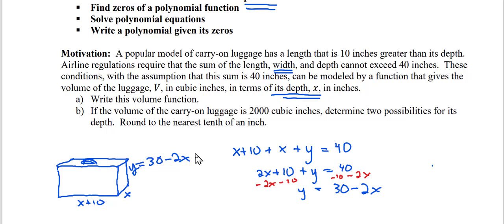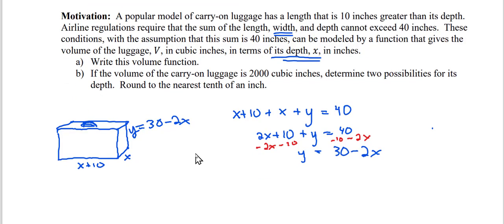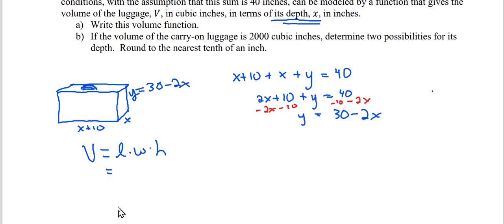Now we know the volume of a rectangular prism, or a rectangular box, is length times width times height, right? So in this case, it is x plus 10 times x times 30 minus 2x.